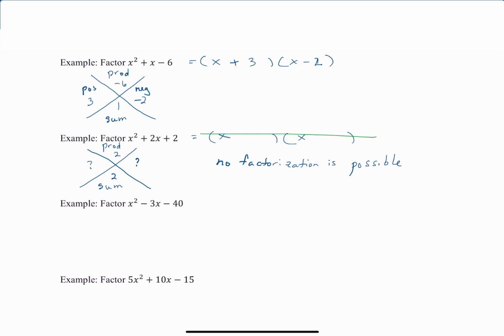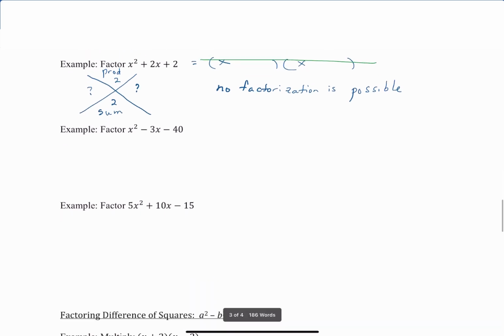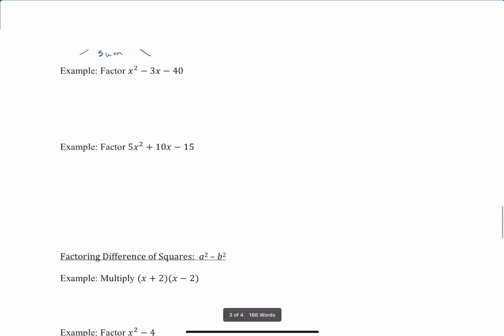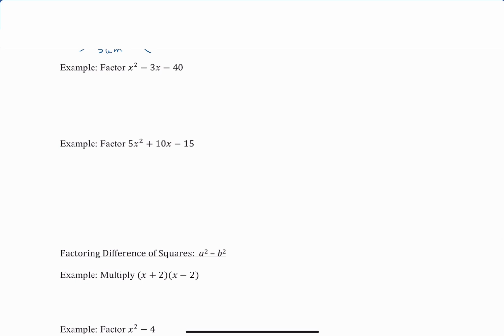Next, let's look at factoring x squared minus 3x minus 40. So I need to find two numbers whose product is negative 40 and whose sum is negative 3. Again, for the product to be negative, I need one positive and one negative.